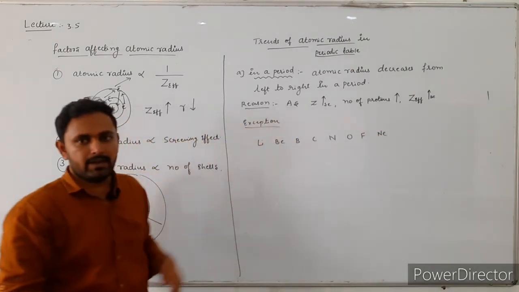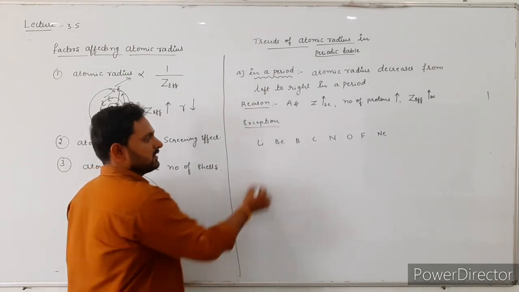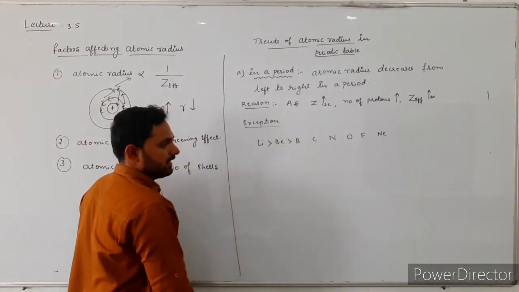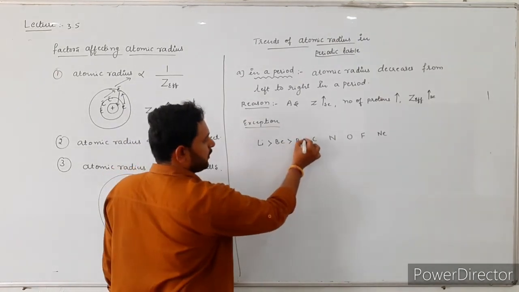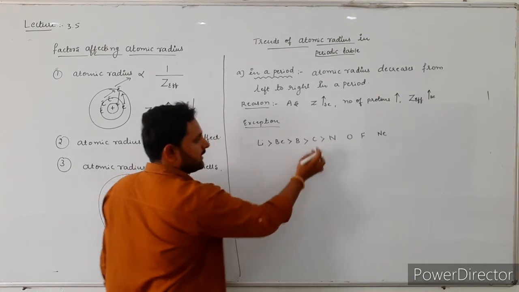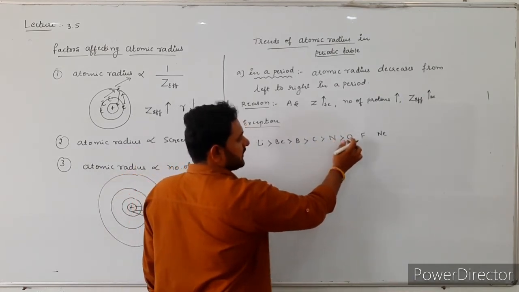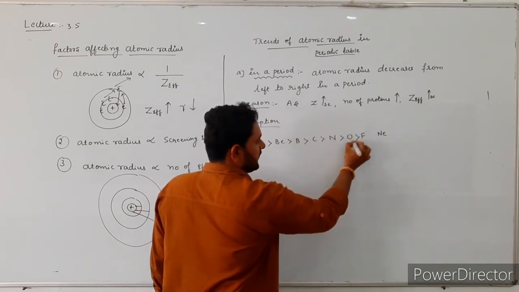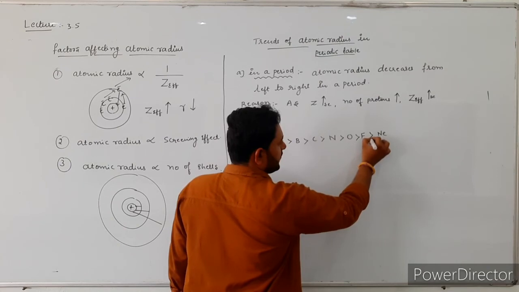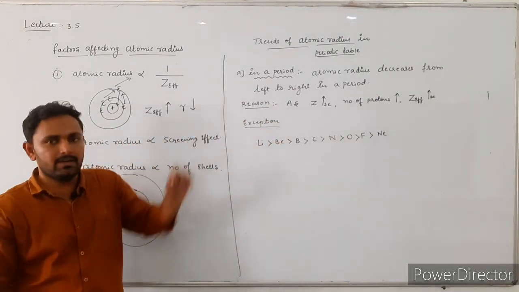According to general trend, atomic radius decreases. That means the radius of lithium is greater than radius of beryllium, radius of beryllium is greater than boron, radius of boron is greater than radius of carbon, radius of carbon is greater than radius of nitrogen, radius of nitrogen is greater than radius of oxygen, and radius of oxygen is greater than radius of fluorine, and radius of fluorine is greater than radius of neon, according to general trend.